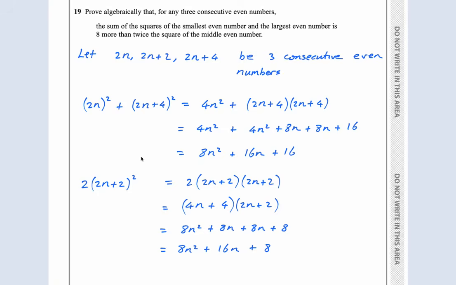Now look, can you see anything similar? This and this look very similar, except this is 8 more than it. And that was what we had to prove. Prove that this is 8 more than this.